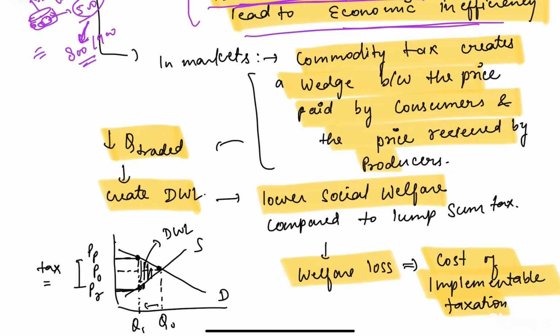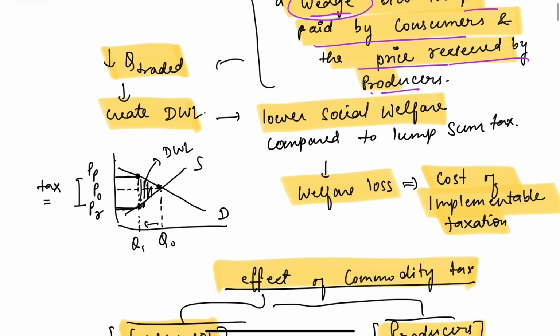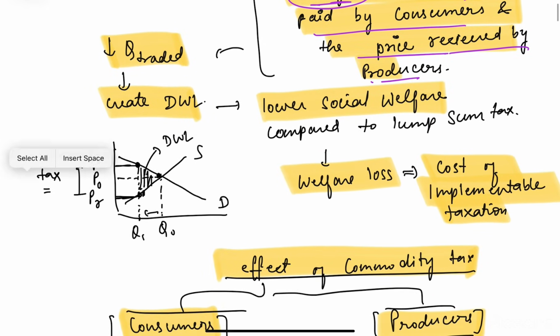If we look at the market, a commodity tax creates a wedge between the price paid by the consumer and the price received by the producer. A wedge is basically a gap between the price the consumer is paying for the product and the price a producer is receiving for it. We can understand it through this example. Here we have a downward sloping demand curve and a supply curve, and let's say our equilibrium price was p naught and the quantity we were consuming is q naught.